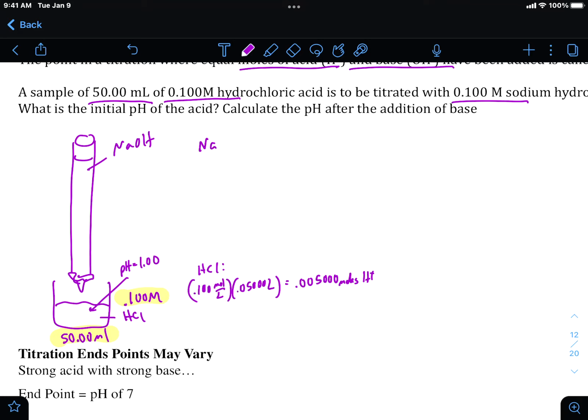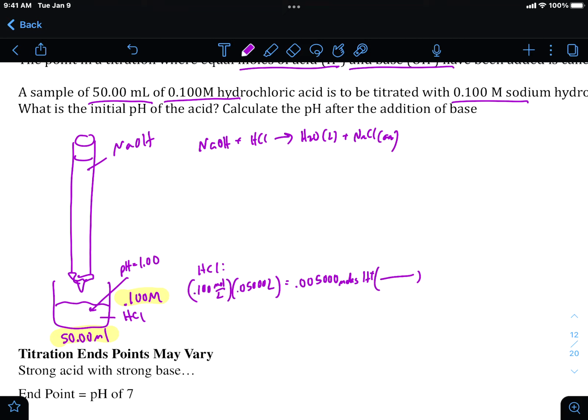And because of the stoichiometry with strong acid, strong base, only a one-way arrow. Everything's 1 to 1. You know what?